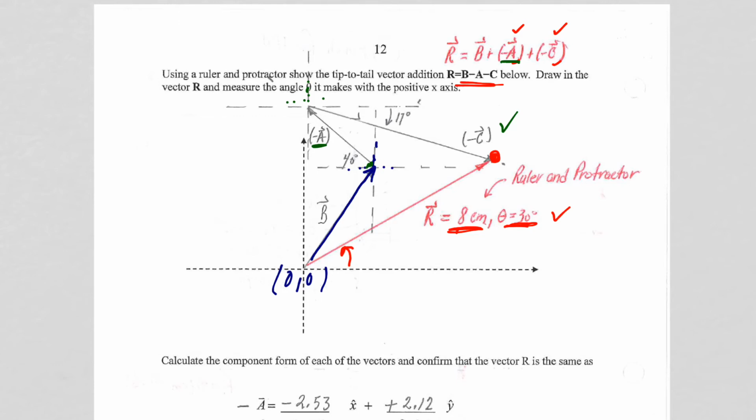Okay, so take a moment, do that with your ruler and protractor, see if you can get the resultant drawn in, so we have a real firm idea of what it should look like.